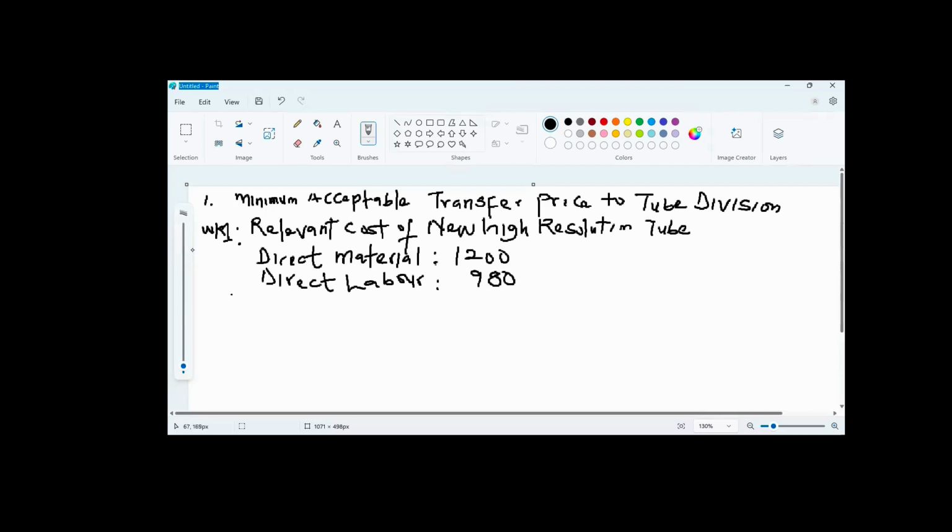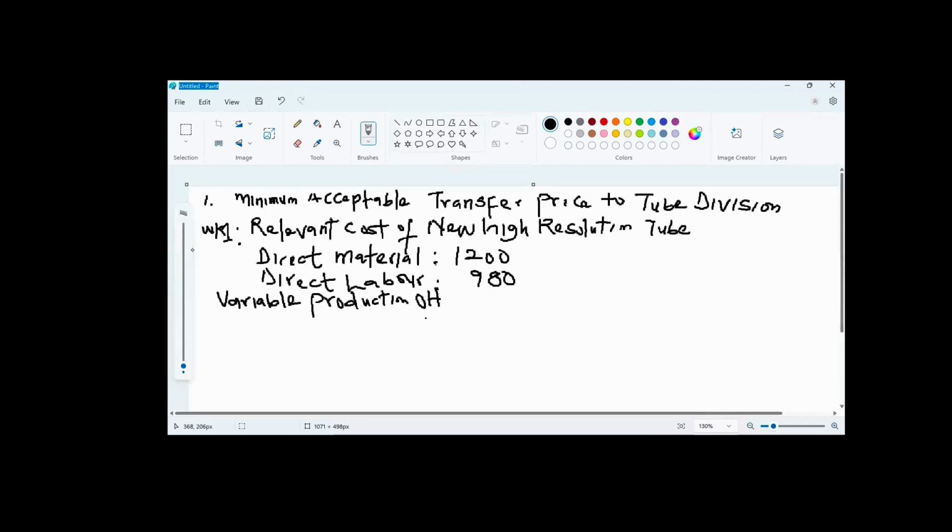Then you are going to pick your variable production overhead. Please, only variable cost will be relevant here. Variable production overhead. Examiner says 2/3 is fixed. What is the variable element? 360. Thank you. There are two ways to do it.